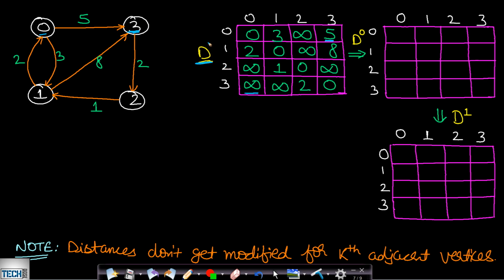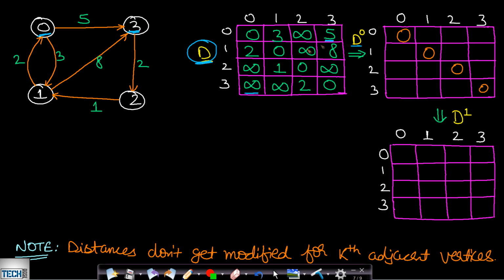Now once we have formed the distance value matrix, just by taking the neighboring vertices, we will try to include each and every vertex one by one. So since there are 4 vertices, we will be including each vertex one by one, so we will be repeating the step 4 number of times. Let us start by including vertex 0. If we are including vertex 0, then we already know that there are no self loops, so all the diagonal values will be 0.